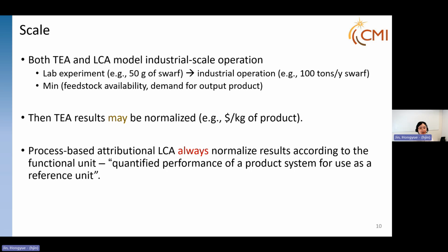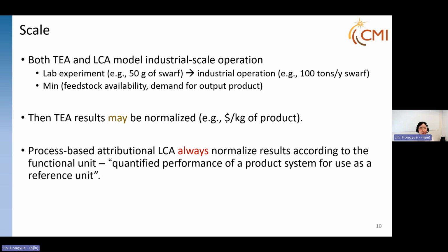And when we decide how much target we need to set, we have at least two boundaries. One is the feedstock availability or chemical reagent, material, energy availability, and the other is demand for the final product. And we need to have at least a minimum of these parameters to set our target production of critical materials or anything.